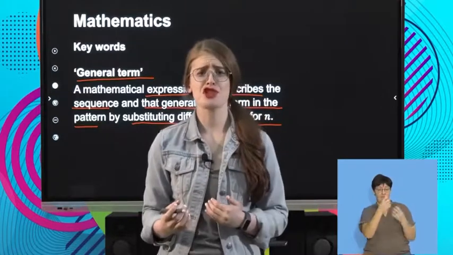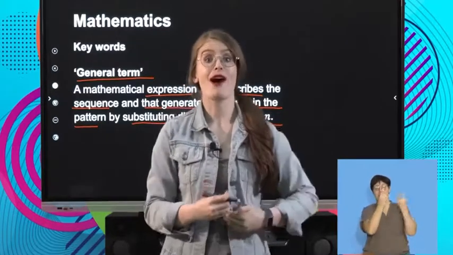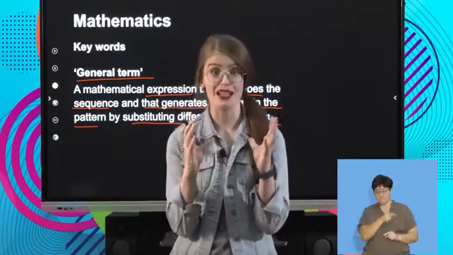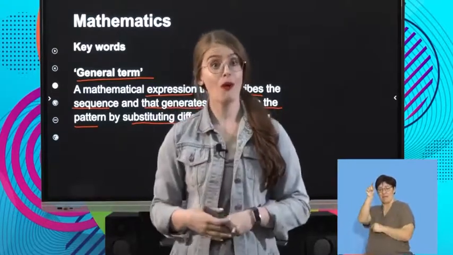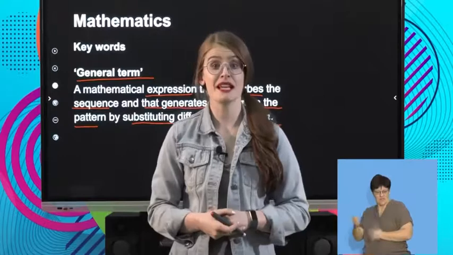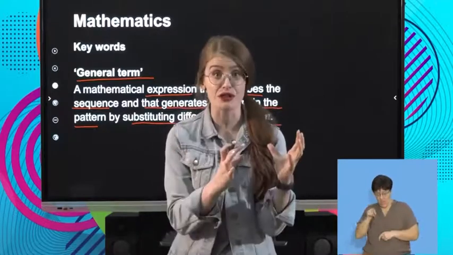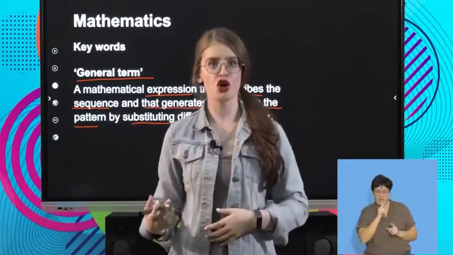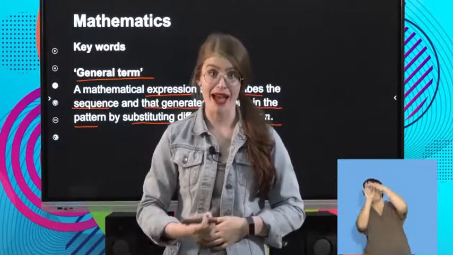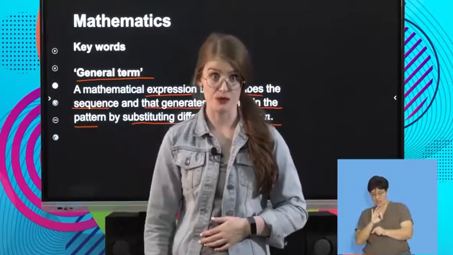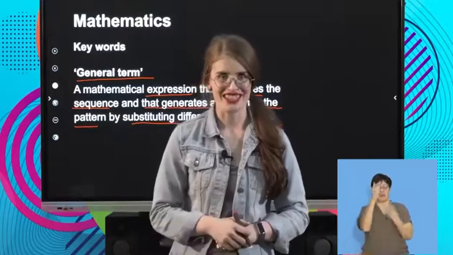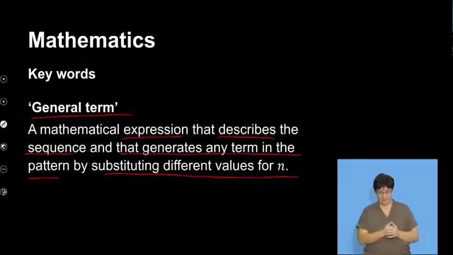So if I'm substituting in term numbers, I will be able to determine the actual value of that term. Or alternatively, you could be substituting in a term value to determine which term actually has a value that is given to you. So let's have a look at the next slide.